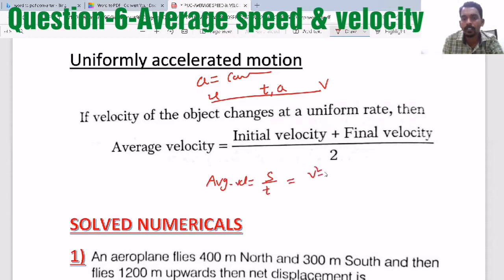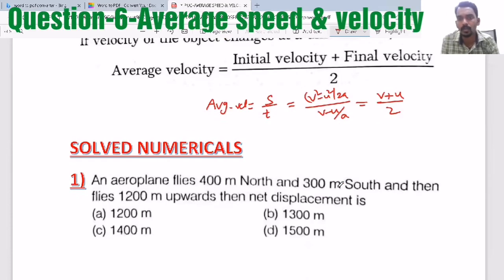Displacement is v square minus u square by 2a, and time is v minus u by a. If you solve this, you get v plus u by 2, that is, initial velocity plus final velocity by 2. So these are the cases.